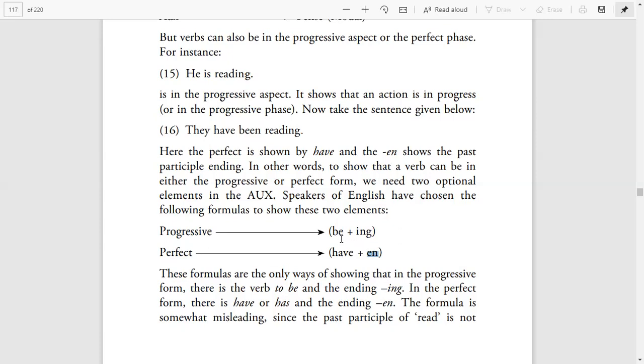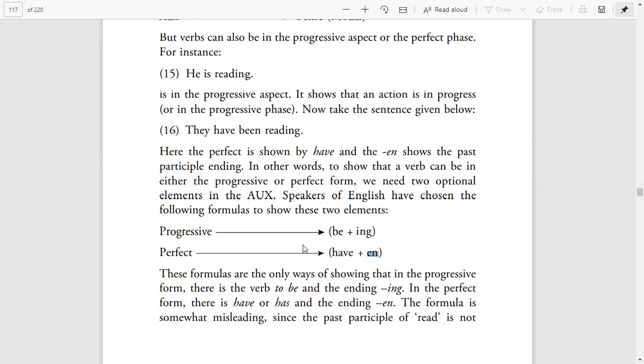To be, B stands for, as I told you before, is, am, was, were, and ing of course you will use when it is in the progressive tense. So we can say that the progressive verb can be denoted by to be plus ing, and in the perfect tense there is have or has and the ending is en.